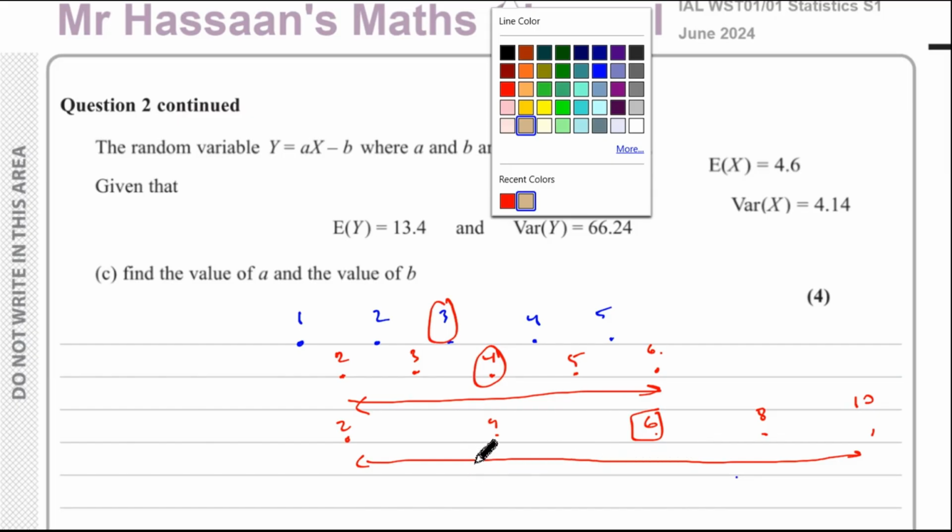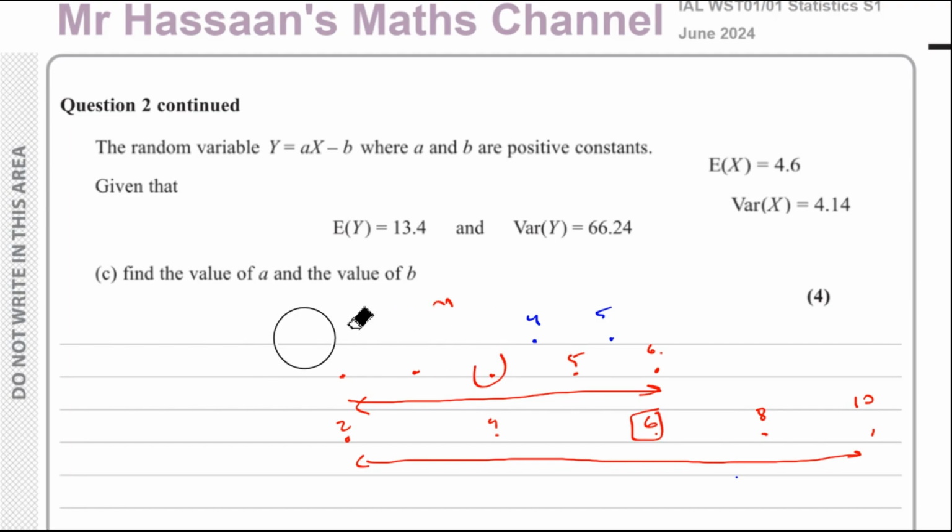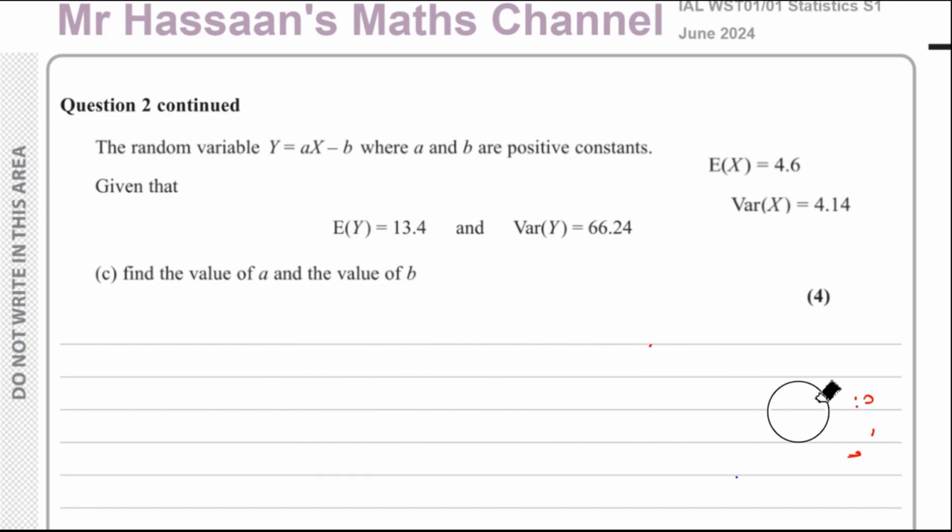So the effect of multiplying each term by a constant will cause not only the mean to double, but also the spread of the data to double. So it affects both of them. That's where we have to be careful in understanding how coding will affect the mean and the variance.